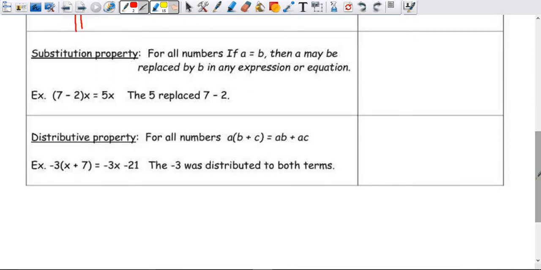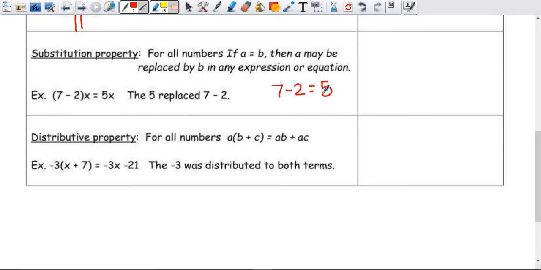Last two, we've got substitution property. For all numbers, if a equals b, then a can be replaced by b in any expression or equation. Okay, so if it's 7 minus 2 and then times x equals 5x, the 5 is replaced by 7 minus 2 because 7 minus 2 equals 5.